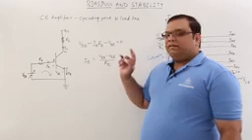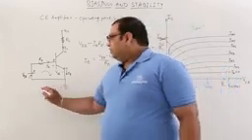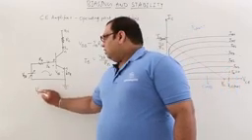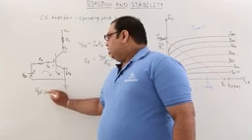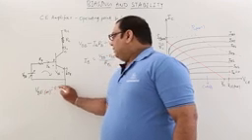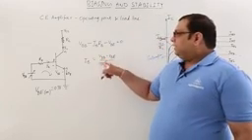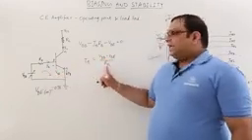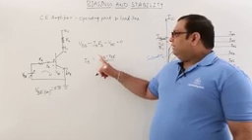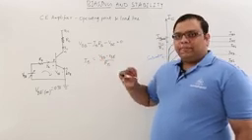So VBE on will be equal to 0.7 volts. Here VBB is variable and RB is a constant resistance, so by changing VBB we will get different values of IB.